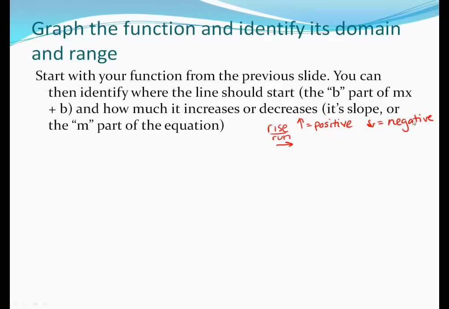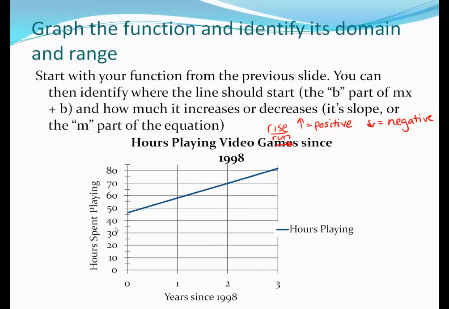All right, so let's take a look at this graph. So again, we started at 46.4, which is right there. Okay, our equation, remember, was f of x equals 11.9x plus 46.4.